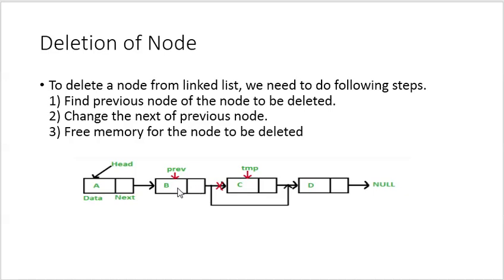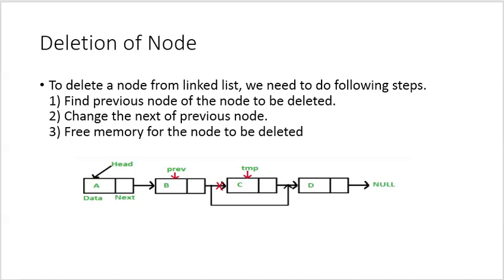So here we have to change the next pointer and free the memory of the node to be deleted, because then this pointer will be pointing to the next node of the deleted node.